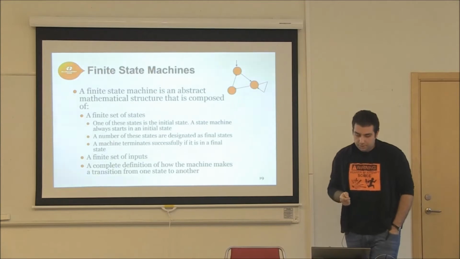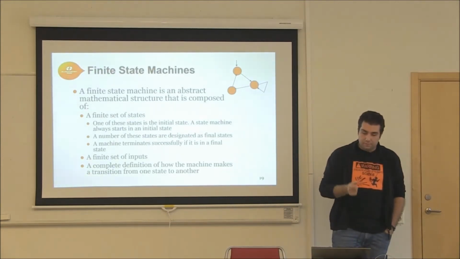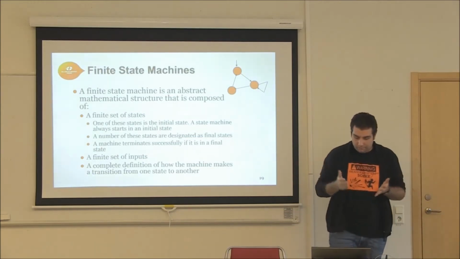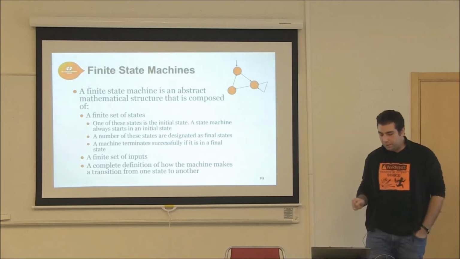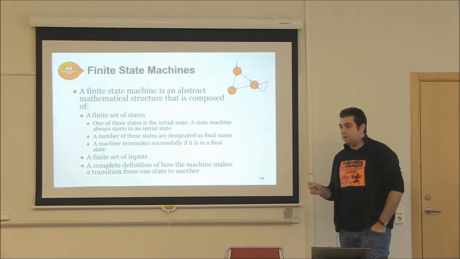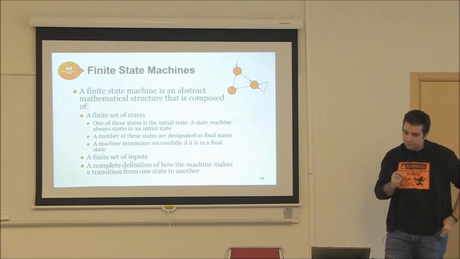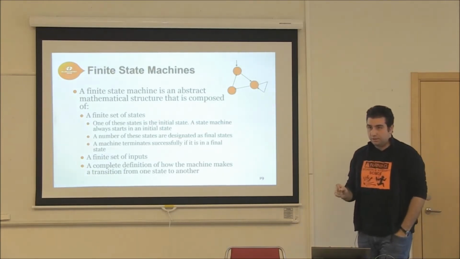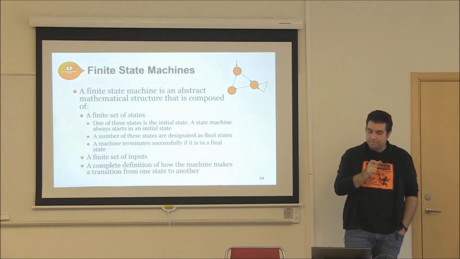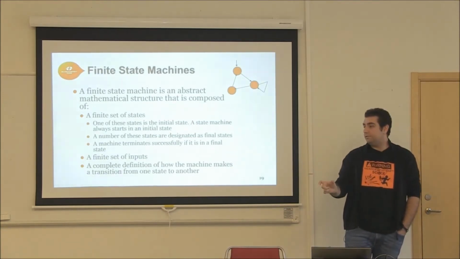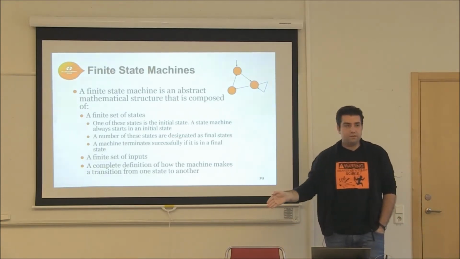A finite state machine is an abstract mathematical structure that you heard about, I hope, and that is composed of a finite set of states, a finite set of inputs, and a complete definition of the mapping between transitions from one state to another. What you need to know here is one of these states is the initial state. So you start from the initial state, and then you have a number of designated final states. And the machine terminates successfully if you're in a final state.